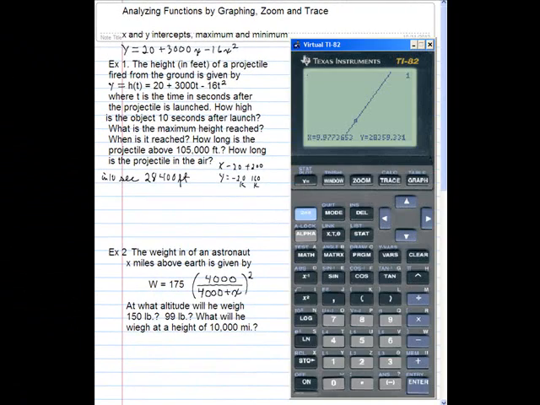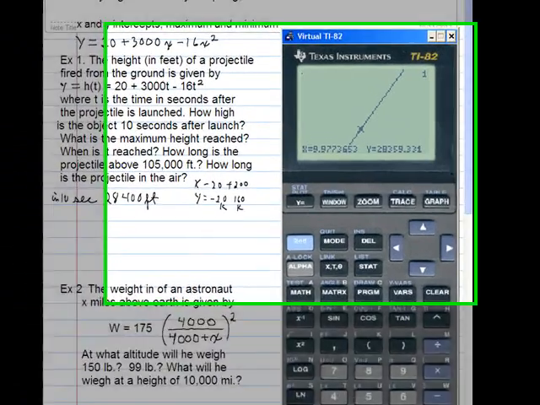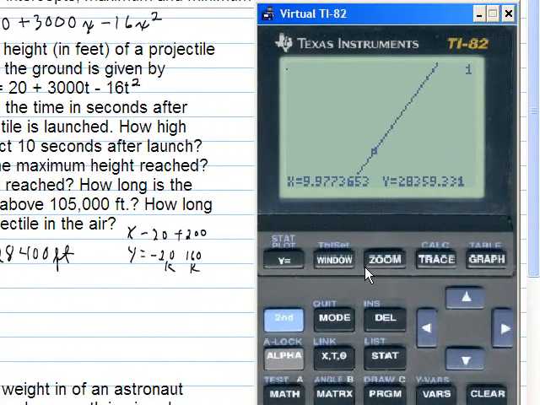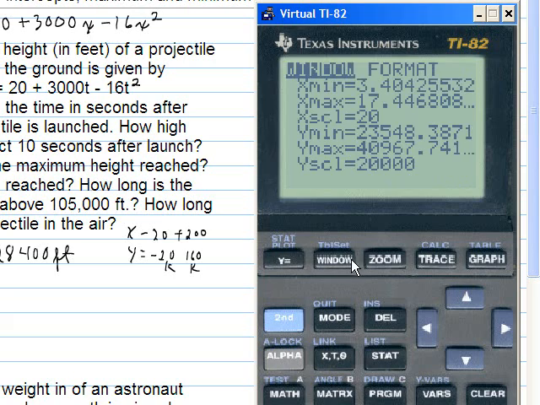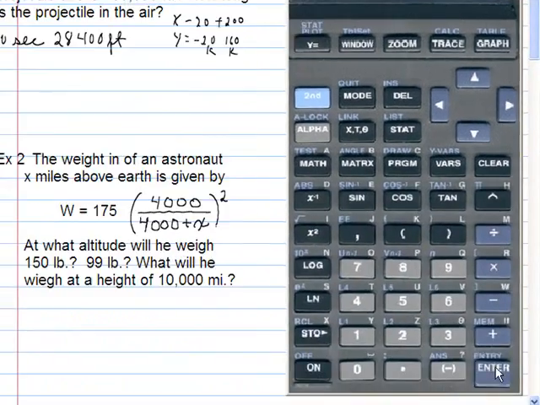The second question asks, what is the maximum height reached? Well, to do that, we have to go back and view the original graph again. So that means we need to go back to the original window. I don't know if you can put that in with a second enter, but I'm going to try. No, that doesn't work. So we'll have to put our window back in.